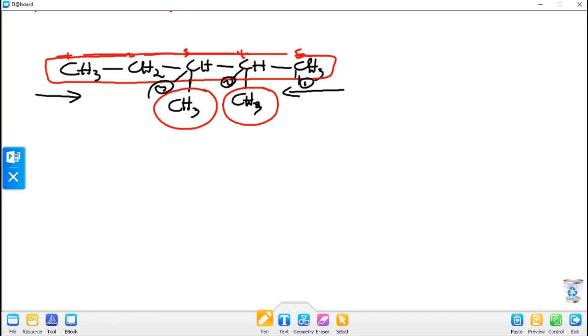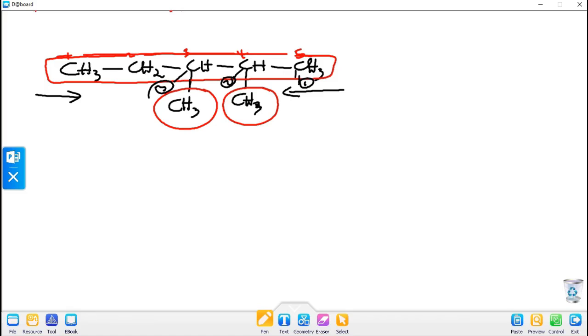So, now, where do we follow? We remember our rule which says that we will have to follow the route that will give the side chains the lowest number as possible. So, since that rule already exists, where do we follow, right or left? We ought to follow the right-hand side.